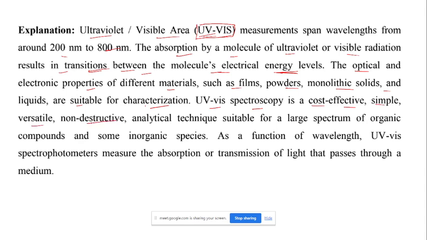Non-destructive means your sample is not getting destroyed here. It is suitable for a large spectrum of organic compounds and some inorganic species like metals. As a function of wavelength, a UV visible spectrometer measures the absorption or transmission of light passing through the medium. Transmission and absorption are contradictory: if absorption is high, then transmission will be low and vice versa.